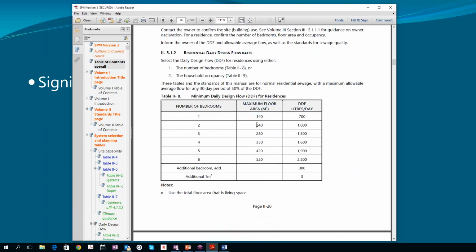And since these numbers are much larger, then DDF becomes smaller for a typical house, I suppose, because under the old DDFs, there were lots of houses where we had to create the extra allowance. Then the fourth reason why DDF is less is that when our area exceeds these numbers in this column, we only have to add 3 liters per meter squared, not 4.5. So for all those reasons, lower DDF.